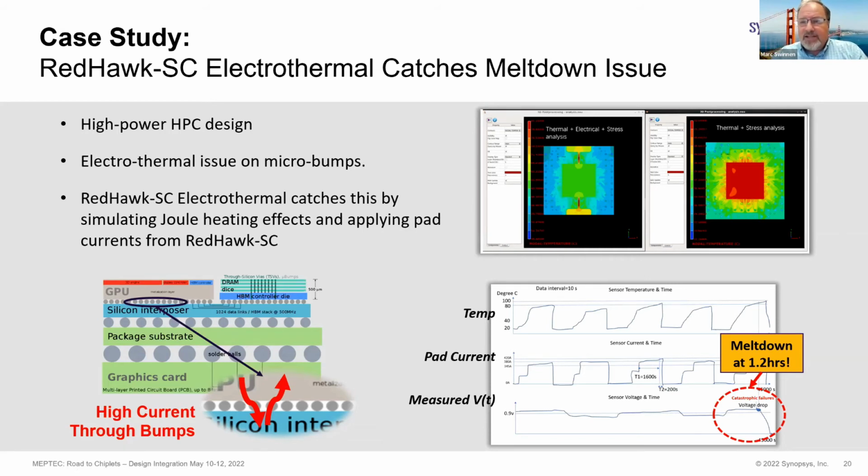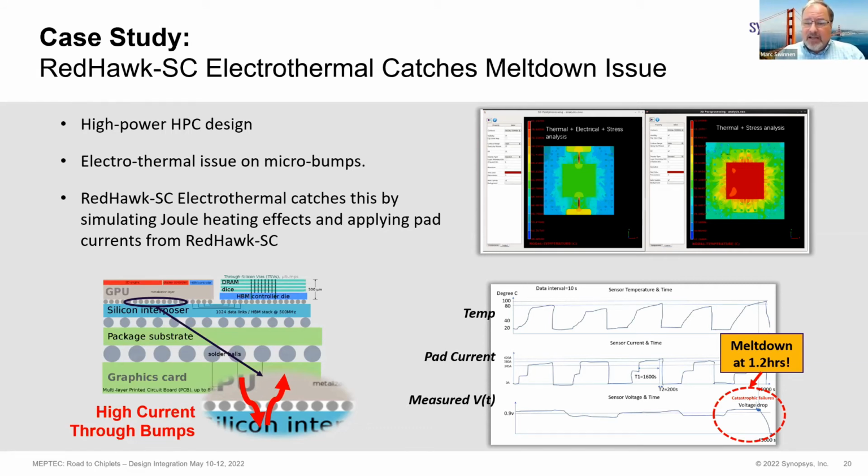Ansys technology will give you the current through each individual bump, including the Joule heating effects of that current. On the graphs at the bottom right, the top temperature graph shows that as we simulate cycles of activity in this system, the system heated up and cooled down, but every cycle, it didn't cool down all the way back down. So the next cycle, it heated up a bit more and a bit more.